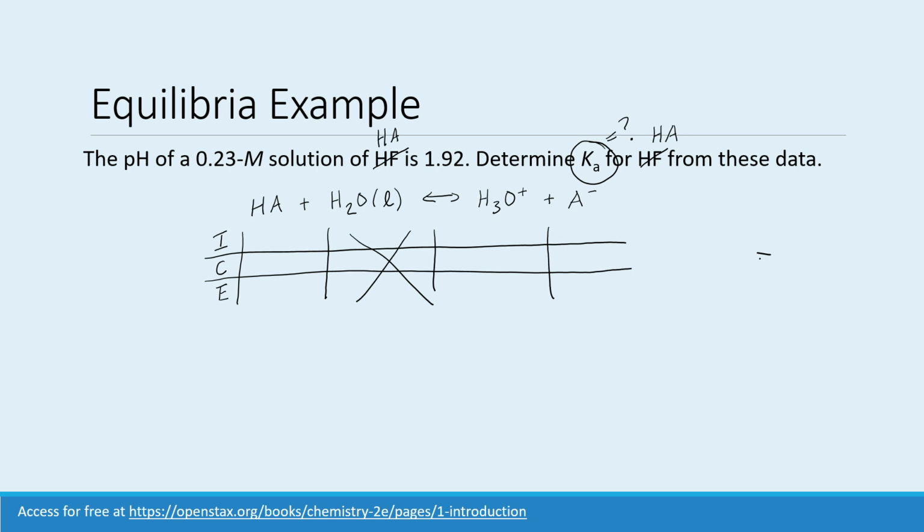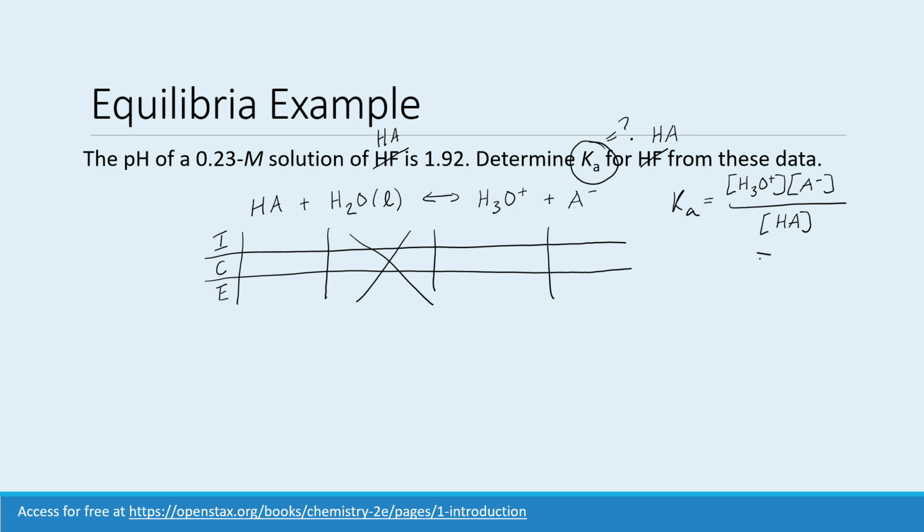And remember that Ka, because we use this general reaction, will always be the hydronium ion concentration, H3O+, times A negative, which represents our conjugate base, divided by HA, which is the weak acid.